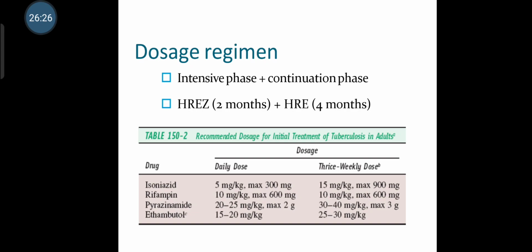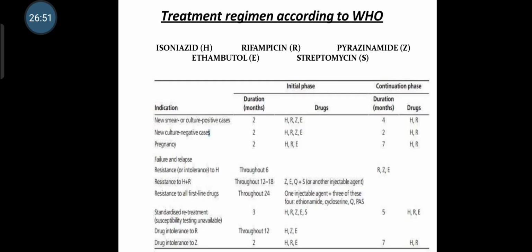Then the thrice weekly dose: 15 mg per kg, maximum 900 mg for isoniazid, 10 mg per kg, maximum 600 mg for rifampicin, 30 to 40 mg per kg and maximum 3 grams for pyrazinamide, and 25 to 30 mg per kg for ethambutol. So these are the thrice weekly doses which need to be followed.